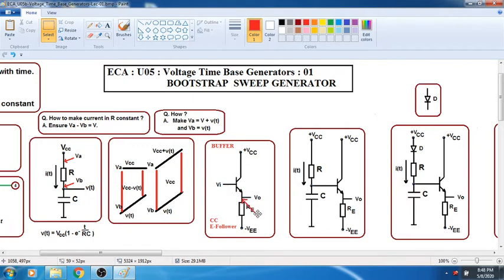So that is the advantage of a buffer. So this circuit we can use to make sure that the voltage variation at the capacitor is reflected at the other end of the resistor.